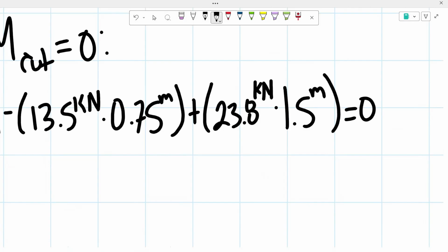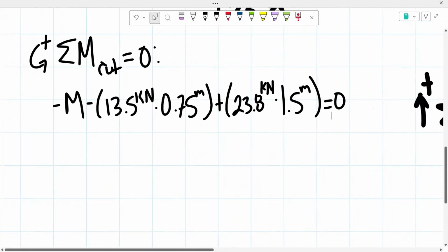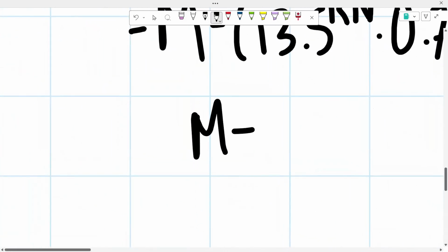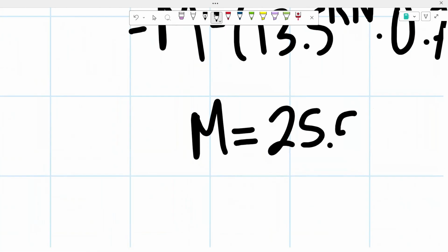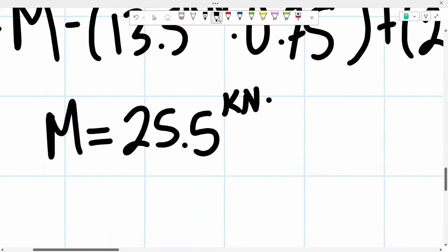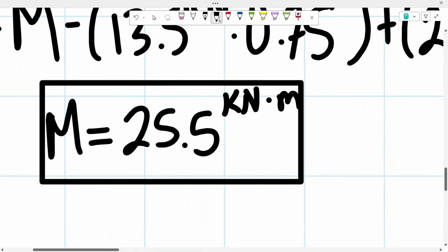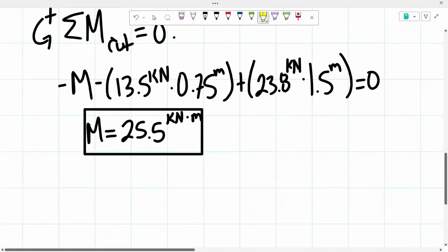And all of this has to equal 0. So from here, we would simply just be solving for our moments. So we would end up getting that our moment has a value of 25.5 kilonewton meters. So remember, our M is our moment.